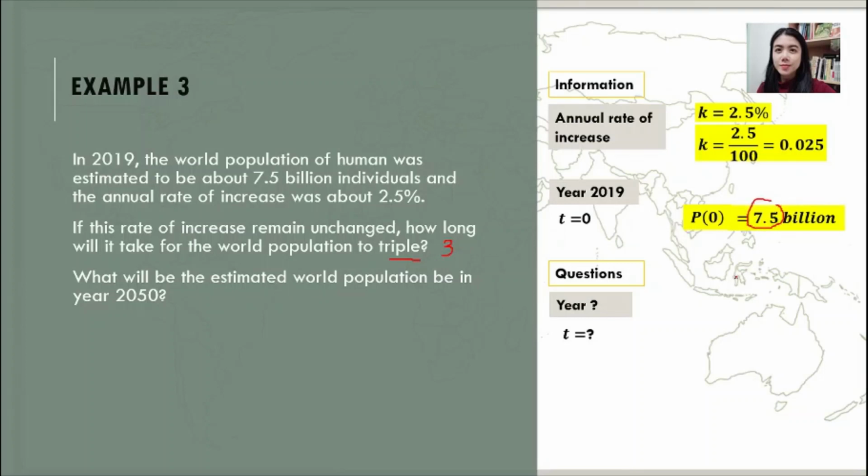So your population at time t is equal to 3 times 7.5. 3 multiplied by 7.5 gives you 22.5 billion. Let's just look at the next question. What will the estimated world population be in year 2050?